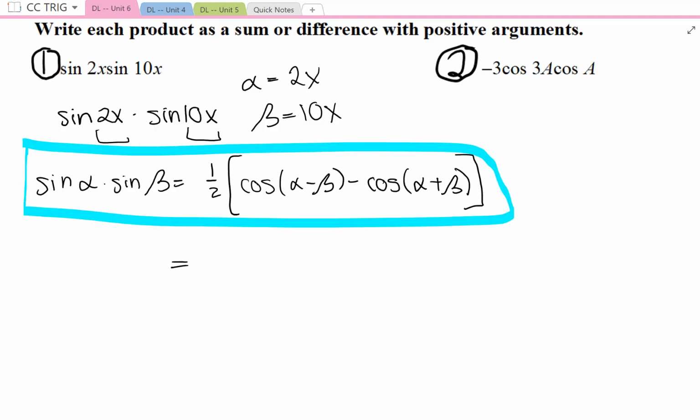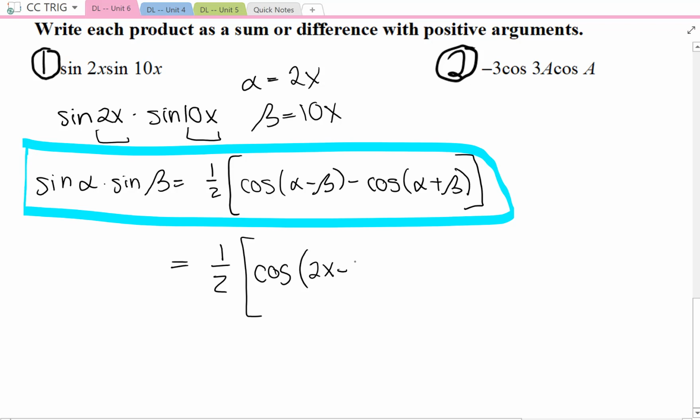Here's the formula we're going to use. We've assigned our alpha and our beta, so go ahead and plug it in now. You have 1/2 times this quantity, cosine of the angle alpha minus beta, so 2x minus 10x, minus cosine of the sum of alpha and beta, 2x plus 10x.